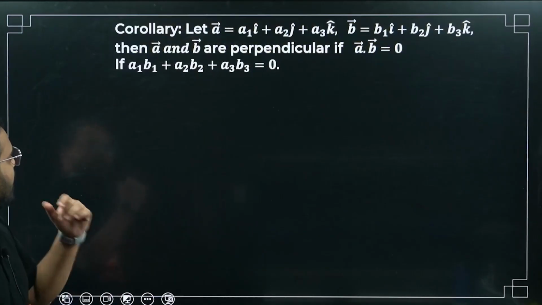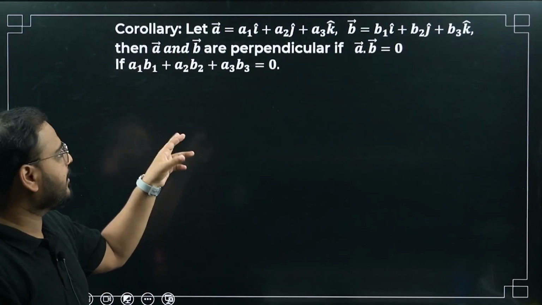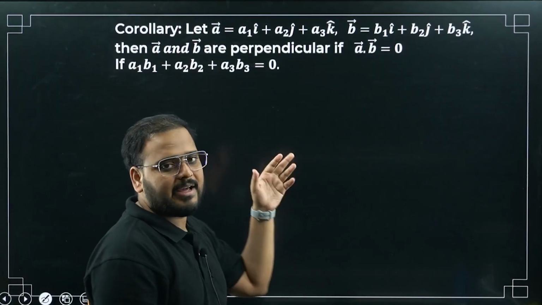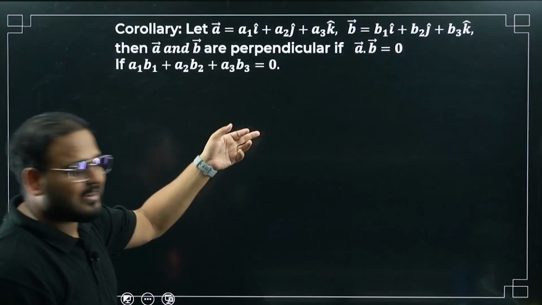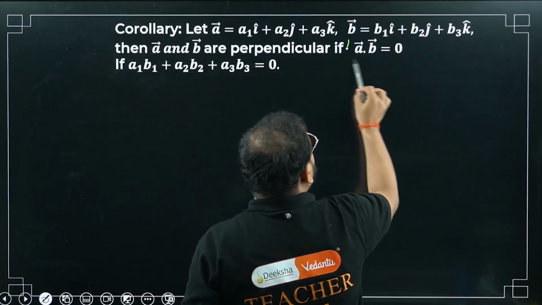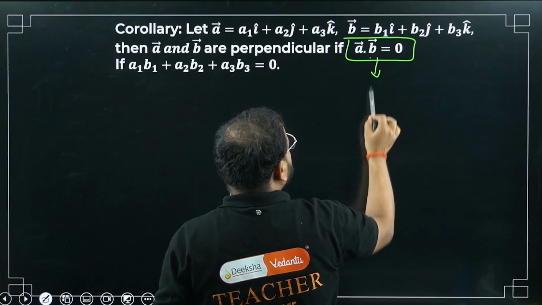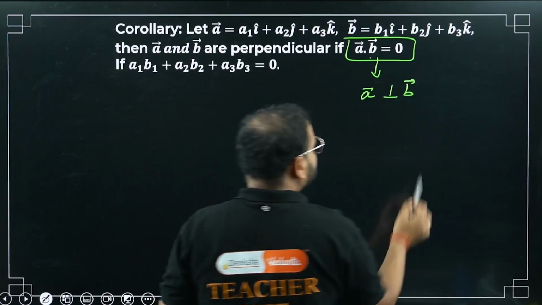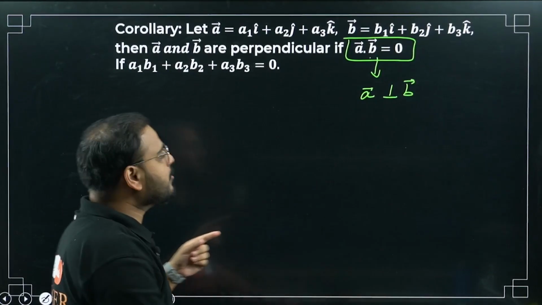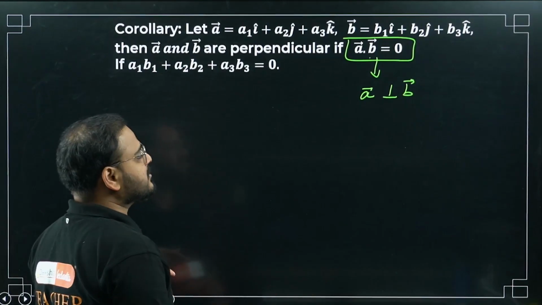Moving on. Corollary: if A vector is given in the rectangular component A1, A2, A3 as the component across X, Y, Z, same with B, and if the dot product is 0, it means A vector is perpendicular to B vector. We use this concept. Right now I dot K was 0, we just learned.